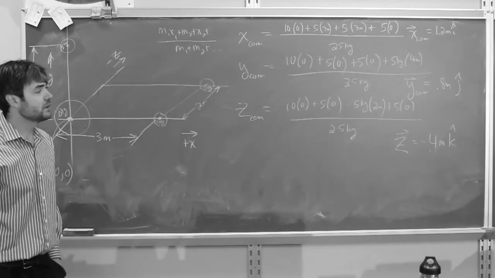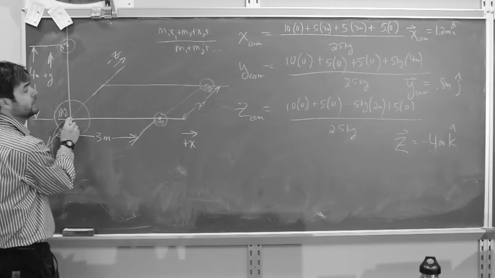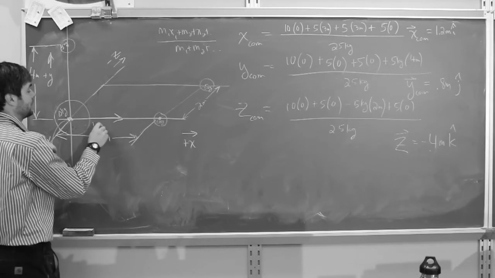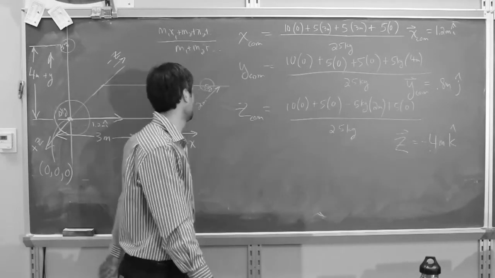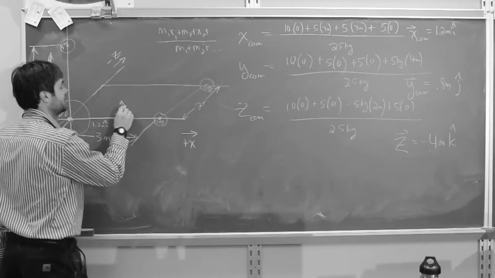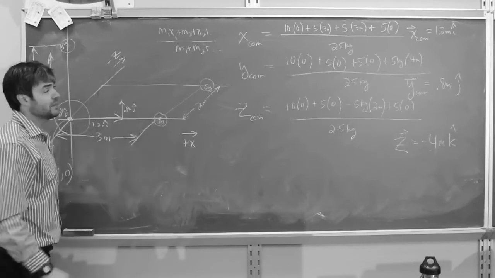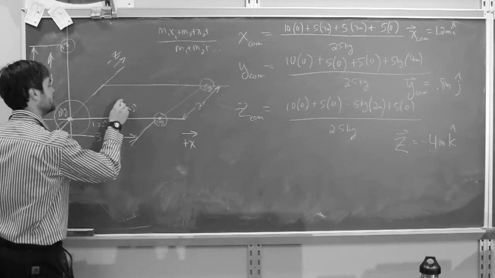So where is our center of mass? If we start from our origin, we would go 1.2 meters out, i-hat. Then we are going to move vertically, up 0.8 meters, j-hat. And then we have to move back into the page, negative 0.4 meters.